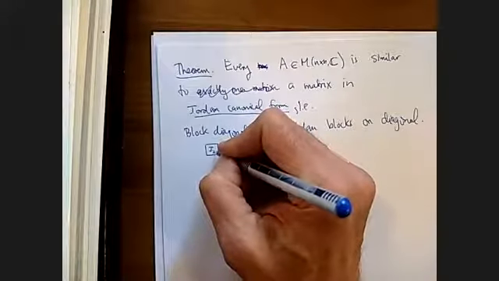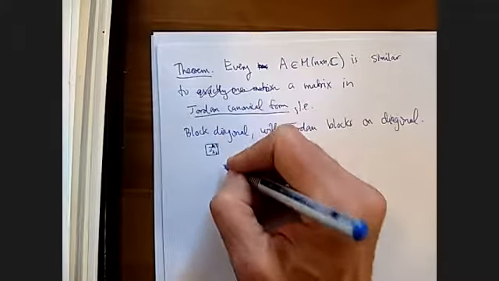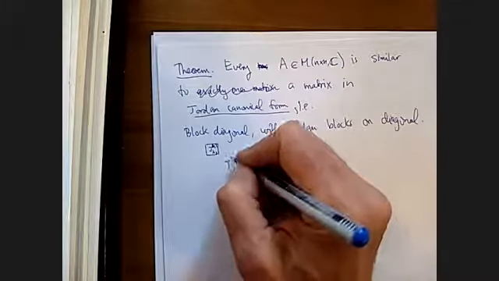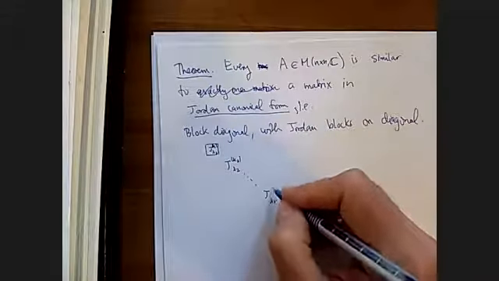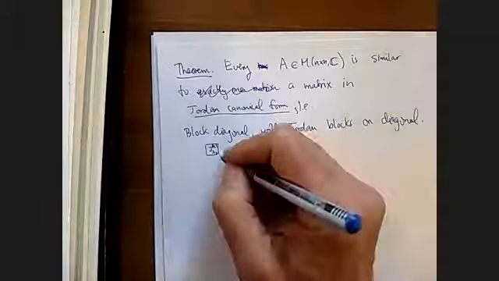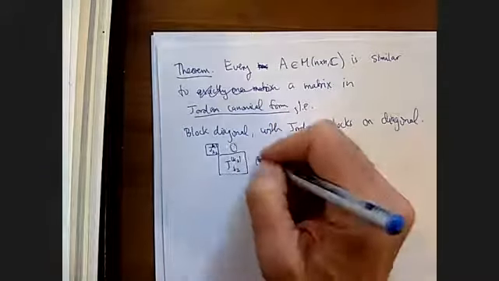So there is some J lambda 1, K1, J lambda 2, K2, J lambda R, KR. So all these blocks are on the diagonal, everything else is 0.